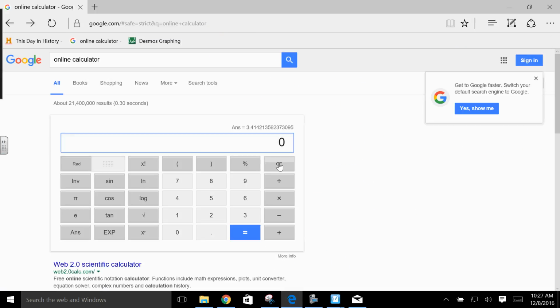So let me clear this. 2 minus the square root of 2. That's some infinitesimal. See what the calculator spits out. To the nearest tenth, I look at the tenth place. To the right of it, it's 5 or bigger, so it's about 0.6 to the tenth place.